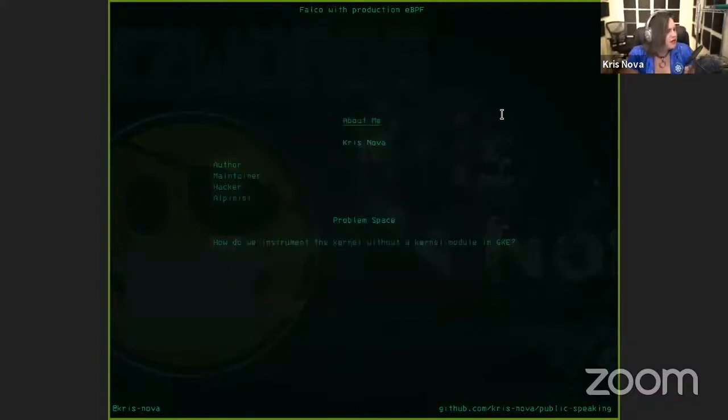Okay, so we're going to be talking about Falco with production eBPF. I think Thomas was patient enough with me to let me change my talk 3 or 4 times over the past few weeks. I finally settled with this one because the more I look at eBPF, the more I'm absolutely in love with the technology that makes it work, that we were just talking about with Alexei.